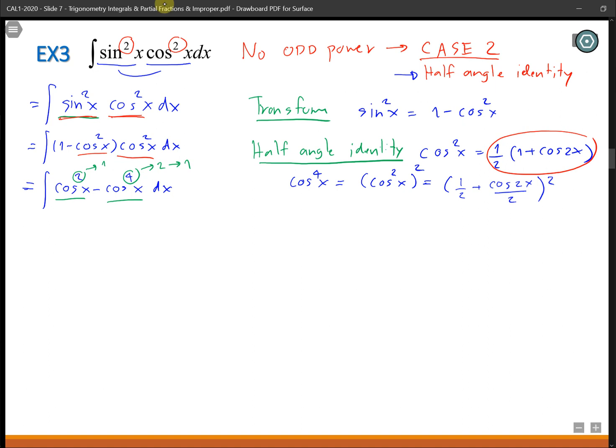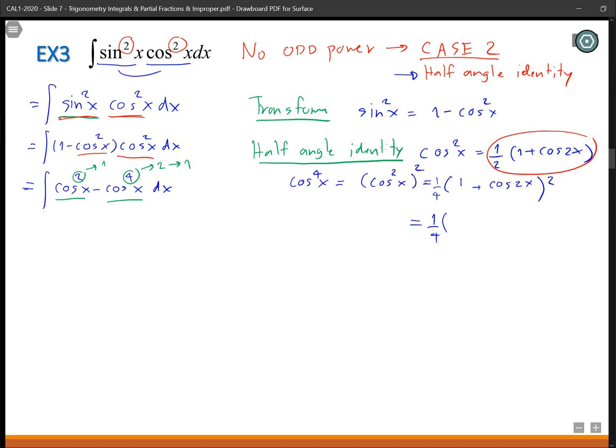Okay, so let's continue with this. So I'm going to take 1 over 4 out. 1 over 2 for both of them, and it got squared, so I can take it out. The inside is 1 over 2, so outside it got squared, it becomes 1 over 4.